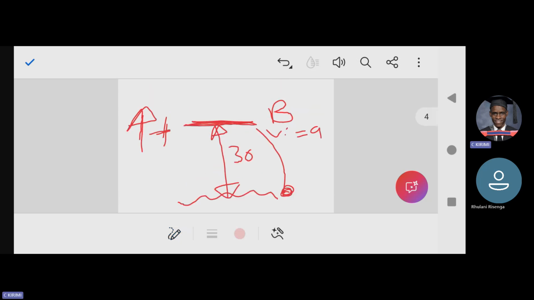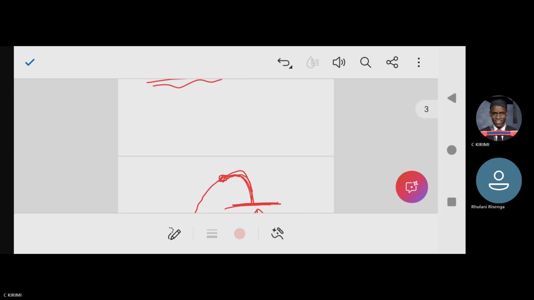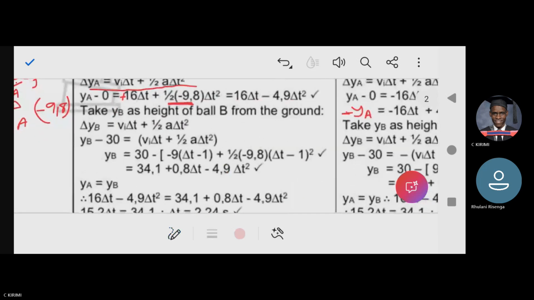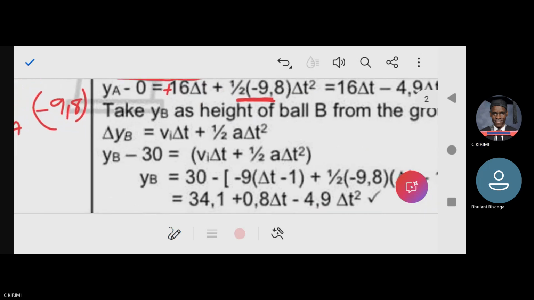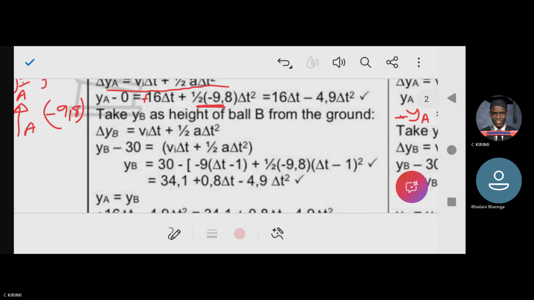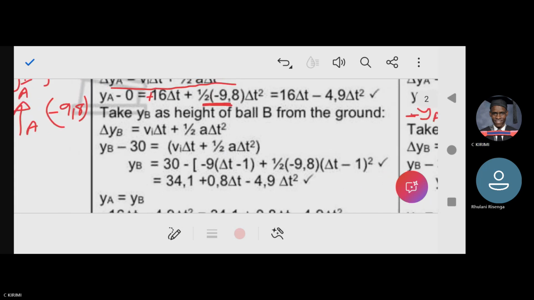So let's look at how the equation was set up there. We are saying change in y, while we are taking up as positive, is yb minus 30.